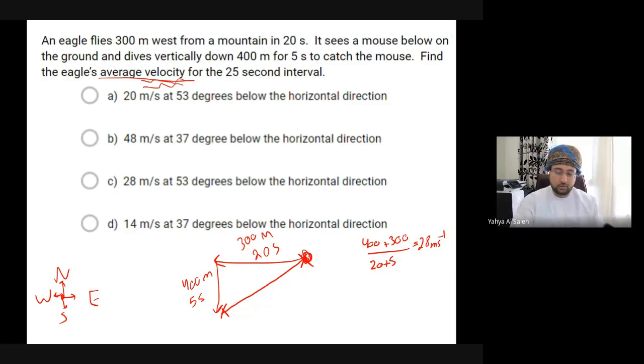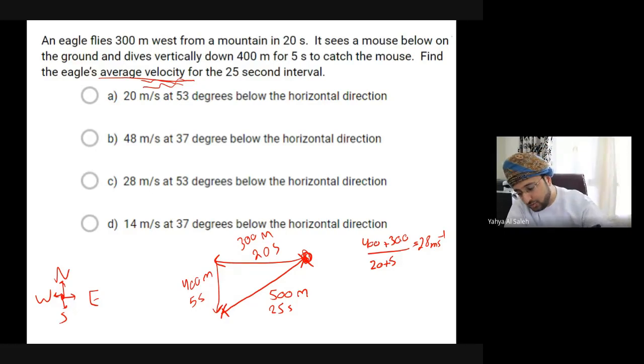Okay, so the resultant vector's magnitude, the easiest way to find it here is using Pythagoras. Excellent. So 300 squared plus 400 squared is 250,000. And then if I square root this, I will get 500 meters. 500 meters in the total amount of time, 25 seconds.